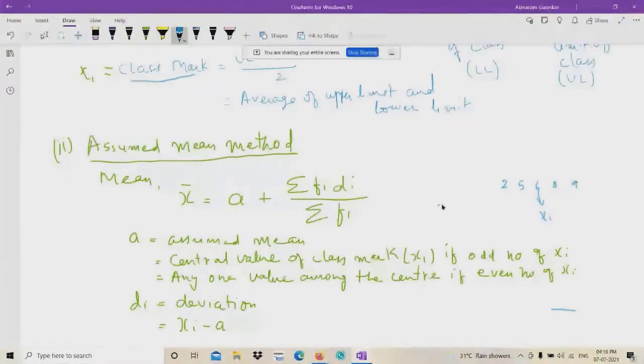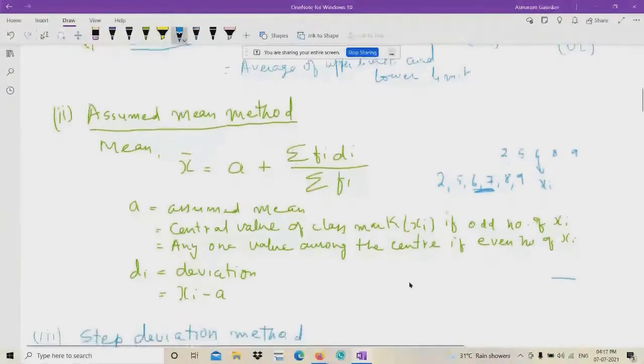And let us say you have 2, 5, 6, 7, 8 and 9. Here the two values at the center are 6 and 7. You take any one, either 6 or 7. Most of the time it is better to take the lower value because that will reduce your calculation. So this is how the assumed mean a is taken.